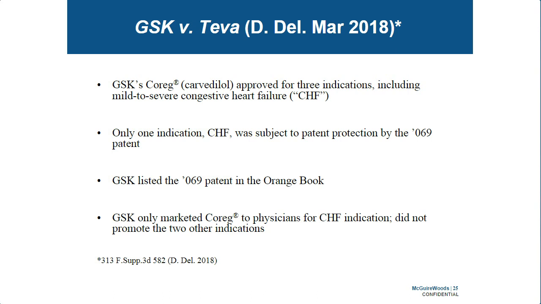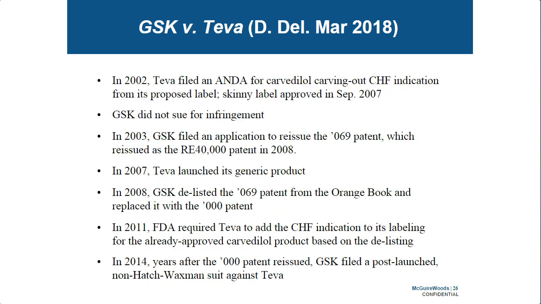So let's go to the next slide. In 2002, Teva filed an ANDA for this drug, carving out the CHF indication from the label because that was protected by a patent. And this skinny label was approved in 2007.